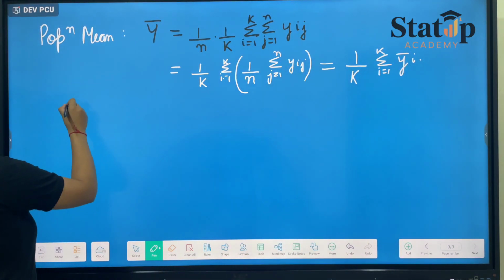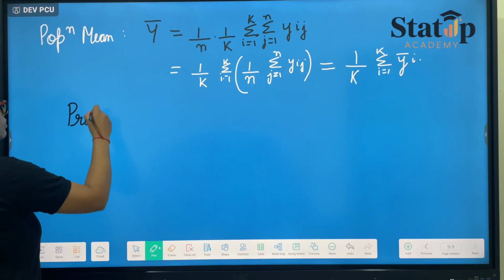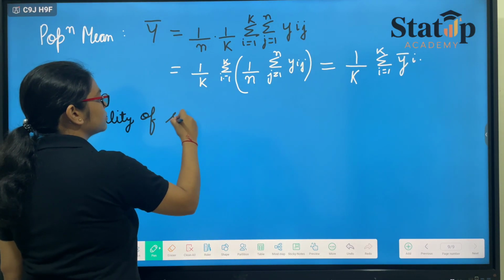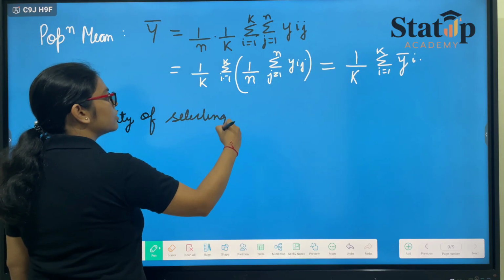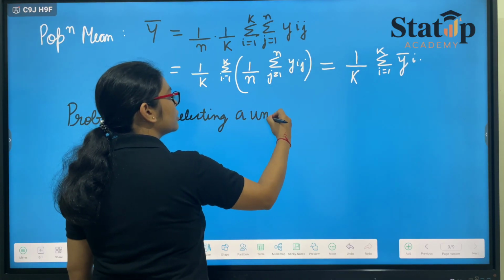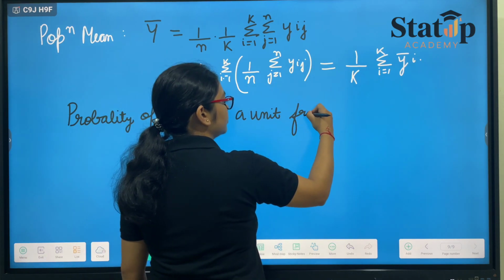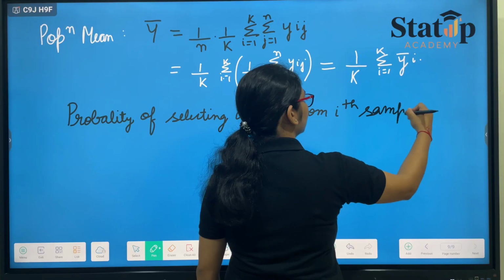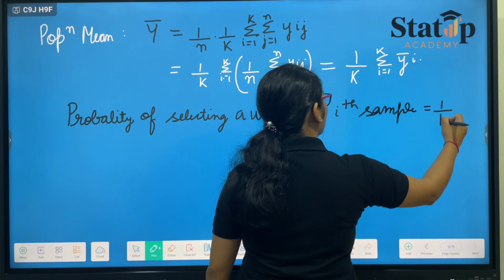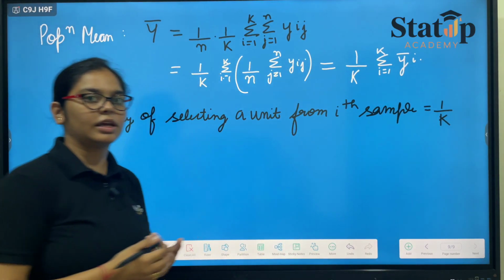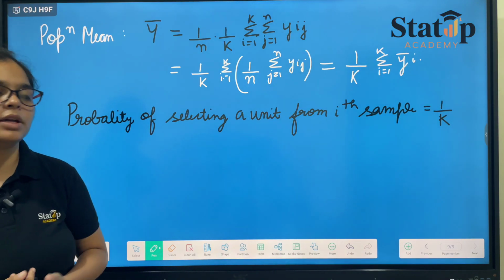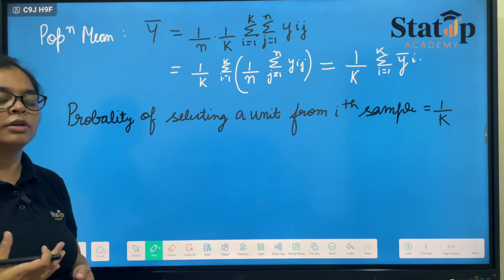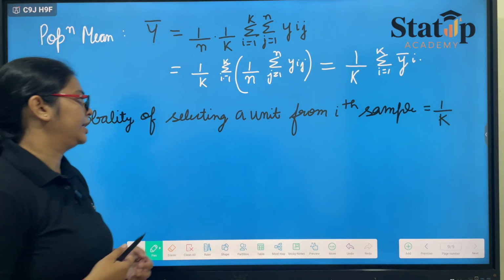Now let us consider that the probability of selecting a unit from the ith sample is equal to 1 upon k, because the total number of samples is k, and like simple random sampling, each one will have equal chances of getting selected, which is 1 upon k.